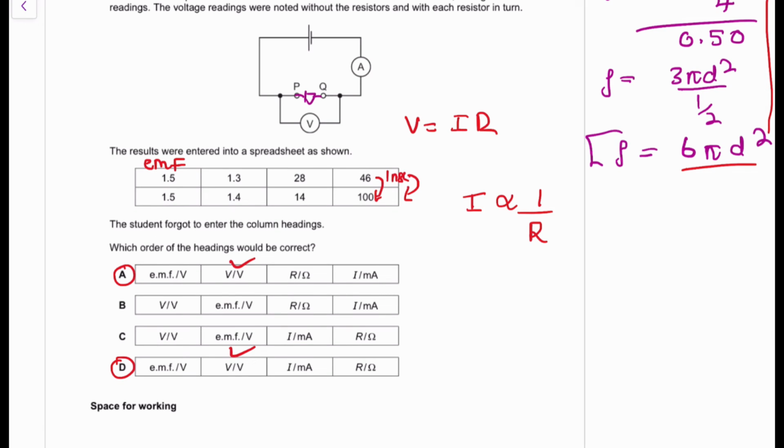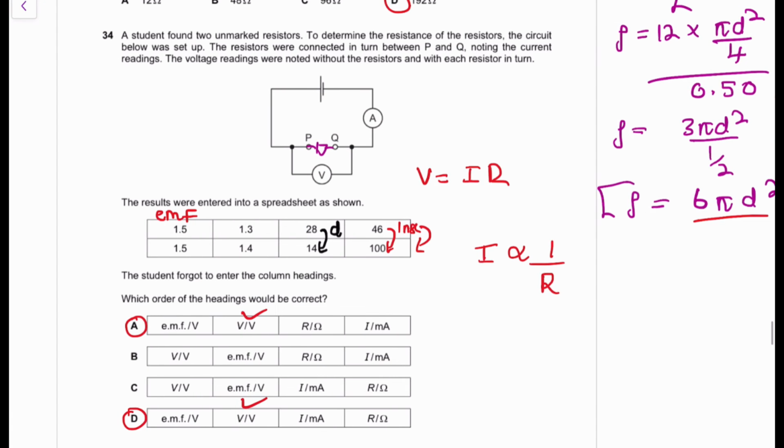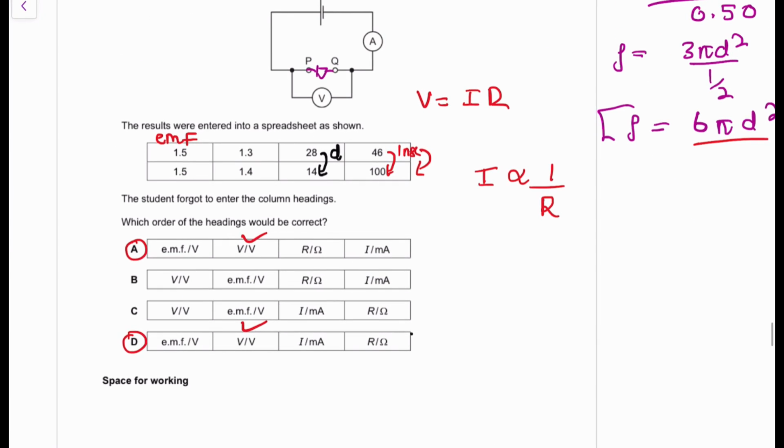But we know that the bigger the resistance, the bigger the voltage that you're going to get, meaning you have to have a very big voltage for you to have a very big resistance. So it doesn't make sense.